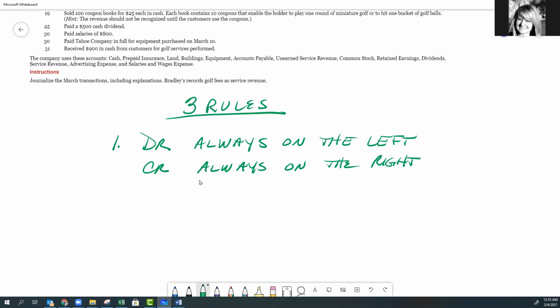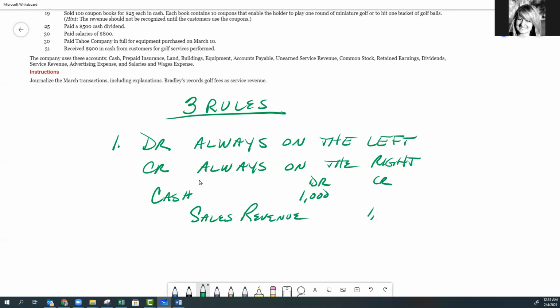Sometimes we will be writing out journal entries, and if we need to debit an account, let's say debit cash for $1,000 and credit sales revenue. We'll talk more about these.